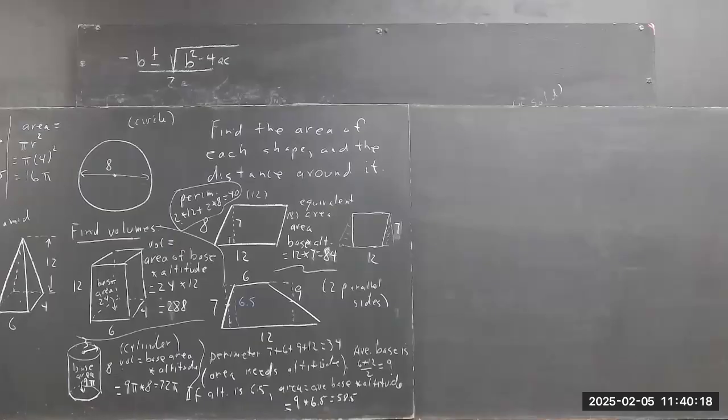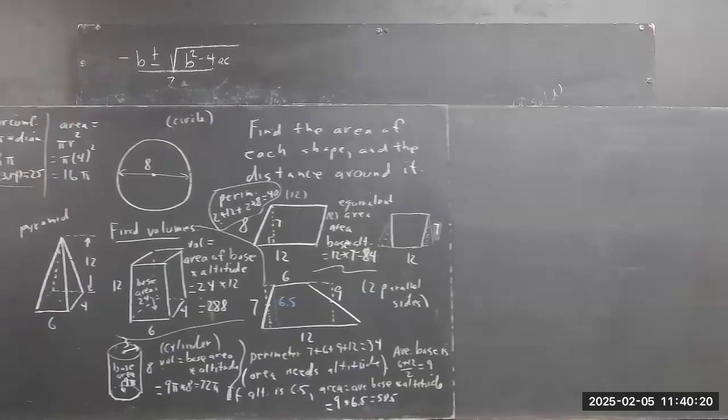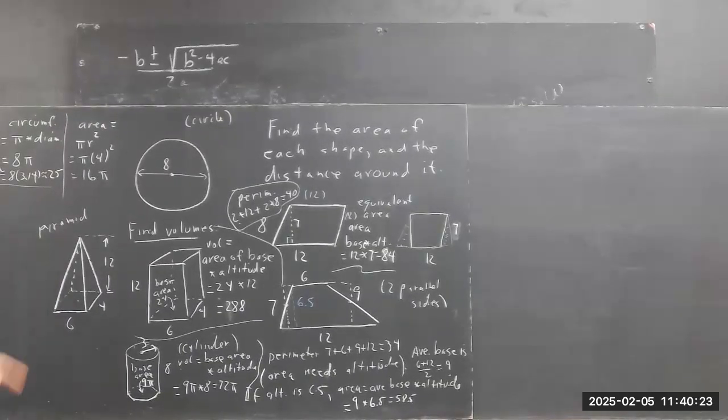Now we're left with the pyramid. Volume of a pyramid or a cone. Didn't ask you about a cone. Volume equals 1/3 base area times the altitude.